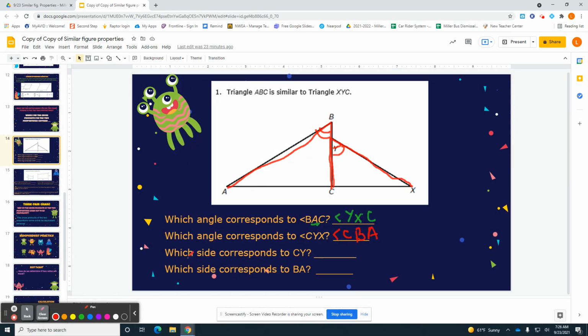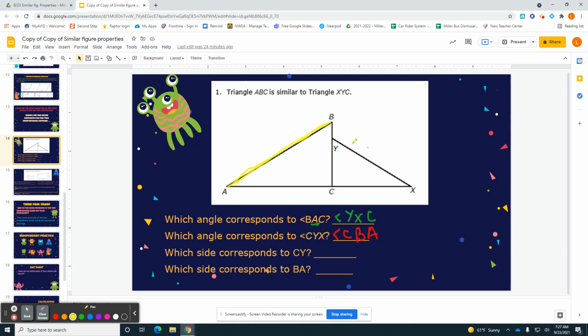So now it wants to ask you which side corresponds to side CY. So let's erase this red so we can find our corresponding sides. So go back to the pen. I'm going to start with side AB. Side AB is going to correspond to which side?